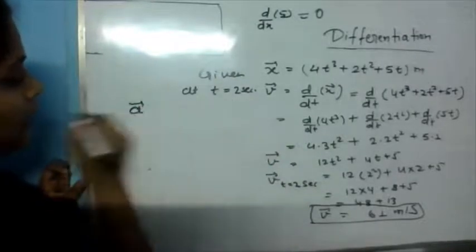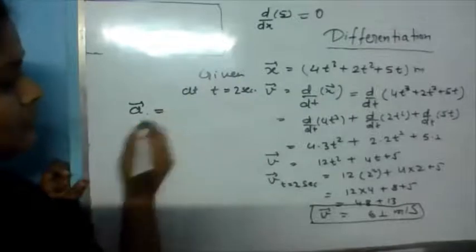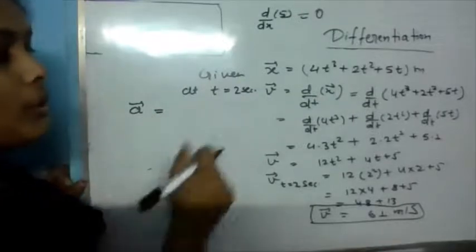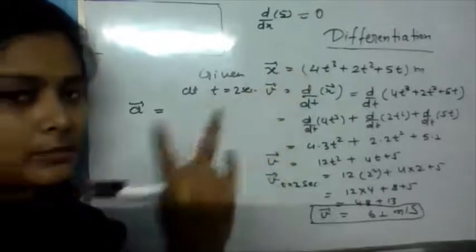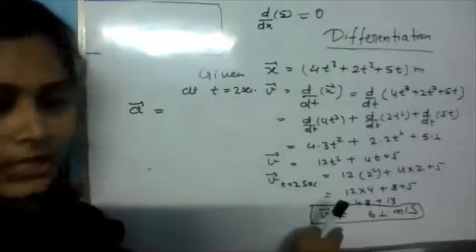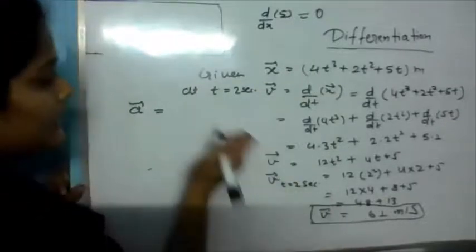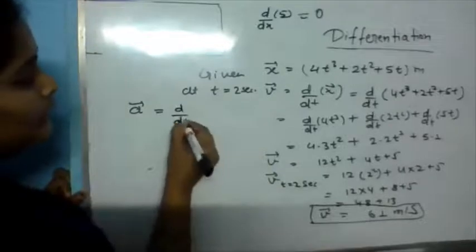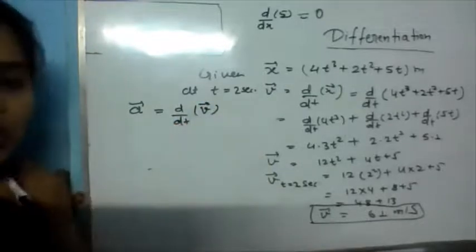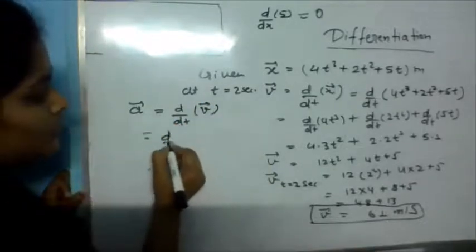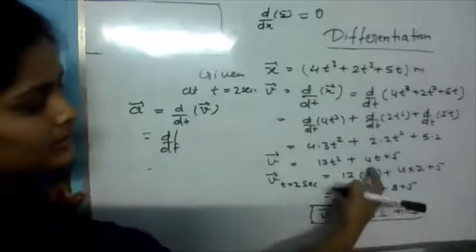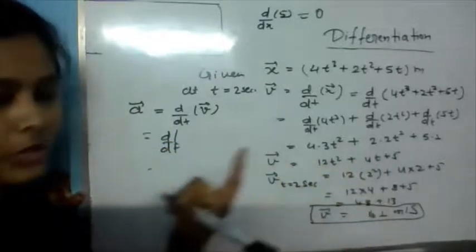I have to find out acceleration. So for acceleration, we can differentiate displacement 2 times or we can differentiate velocity 1 time. So just apply this formula, d upon dt, and here velocity. So what is your velocity? Velocity is this in terms of time.